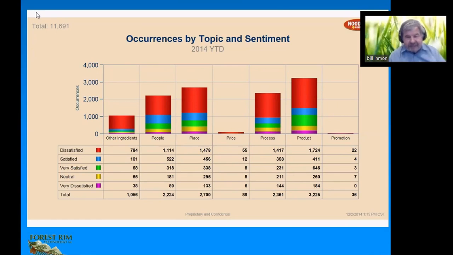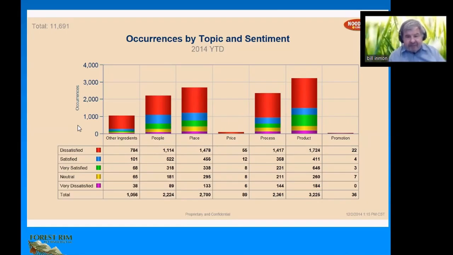Now this particular graph is actually quite instructive because it tells the restaurant what people think of their experience in the restaurant. But there's two important things that are really interesting in this restaurant.